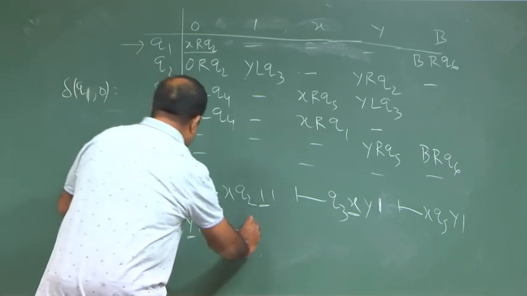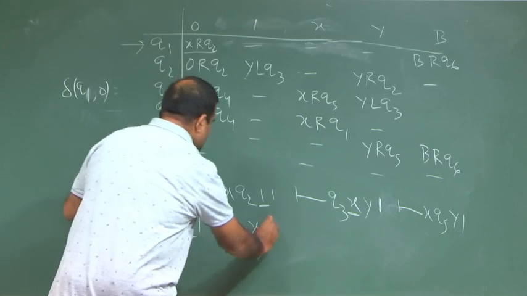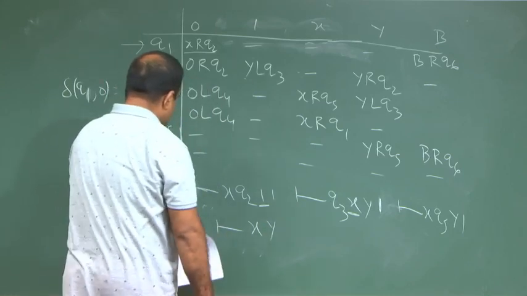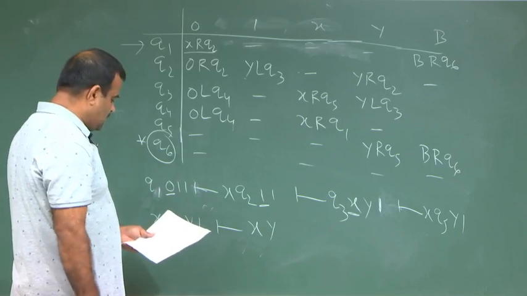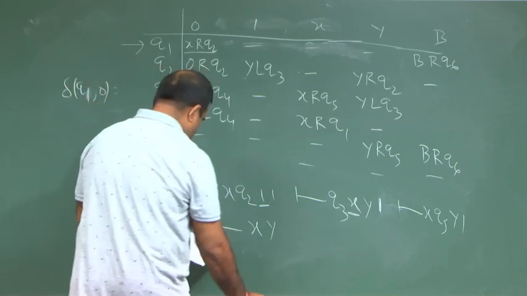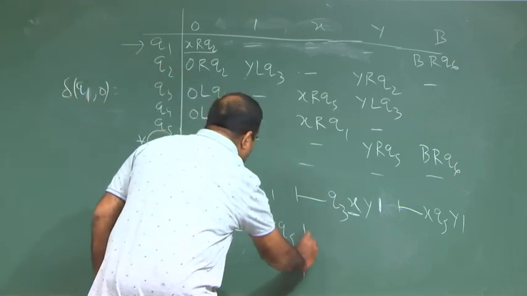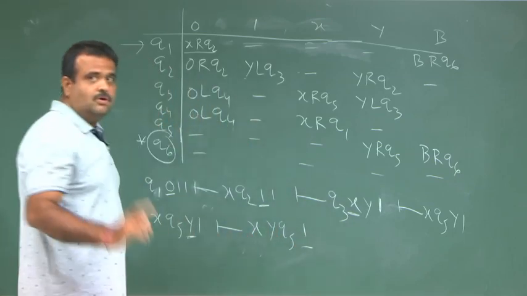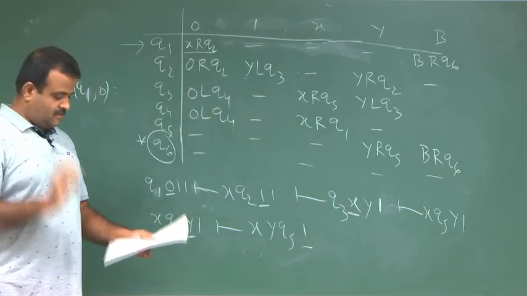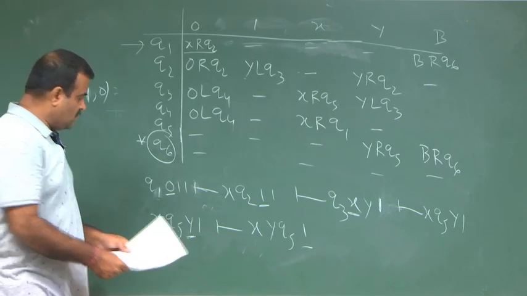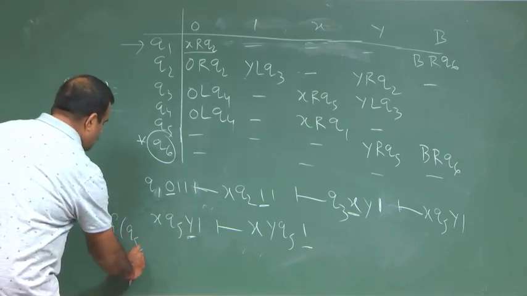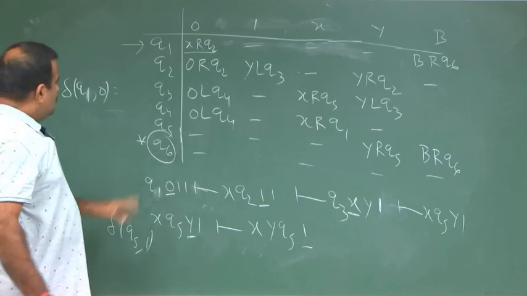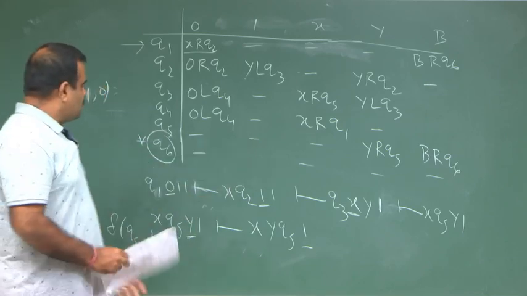So it is x y, then going right, it will see 1 there. So q5 will be written here, and 1 is the next input symbol to be read. Now we should have a rule for delta of q5 1, but there is no rule for delta of q5 1.